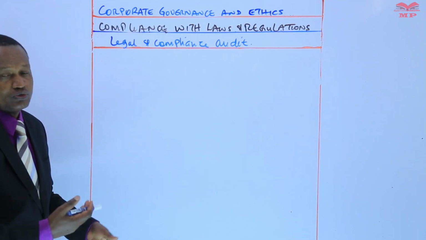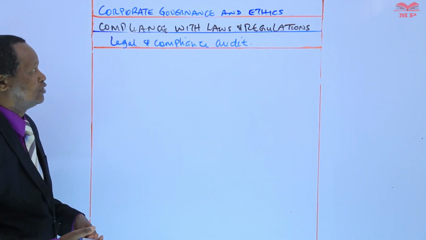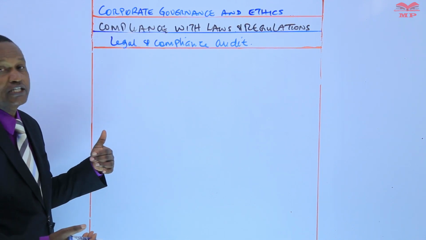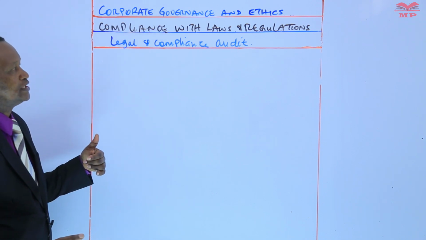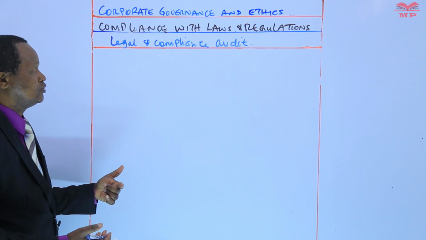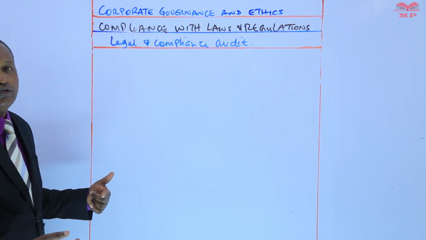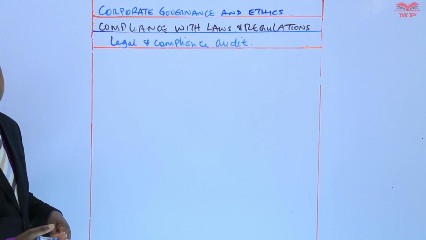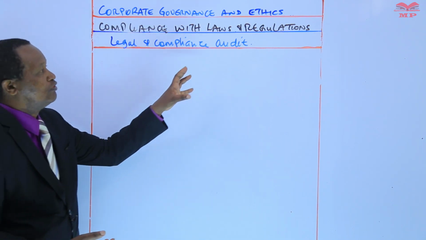It could be an audit of financial statements, or it could be an audit of a company's internal controls. The company's adherence could be an audit to check if the company adheres to legal or governance principles and all that. That's the meaning of audit.